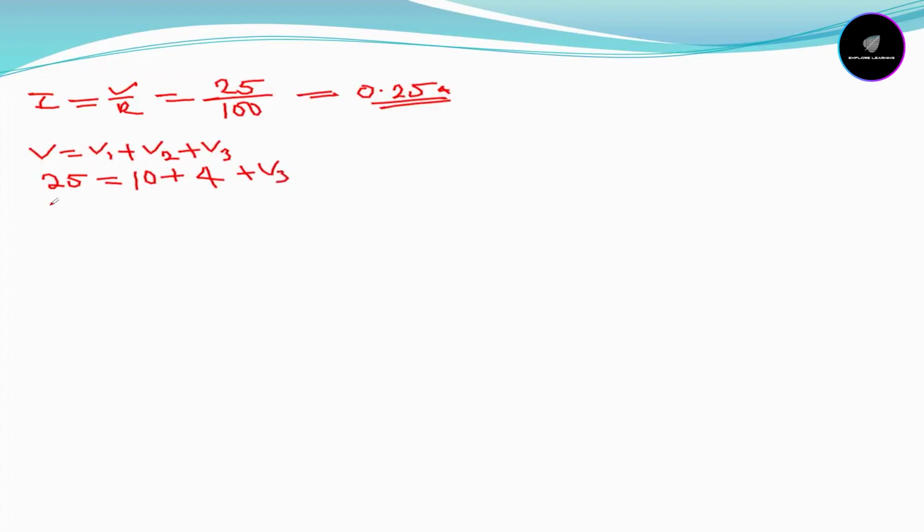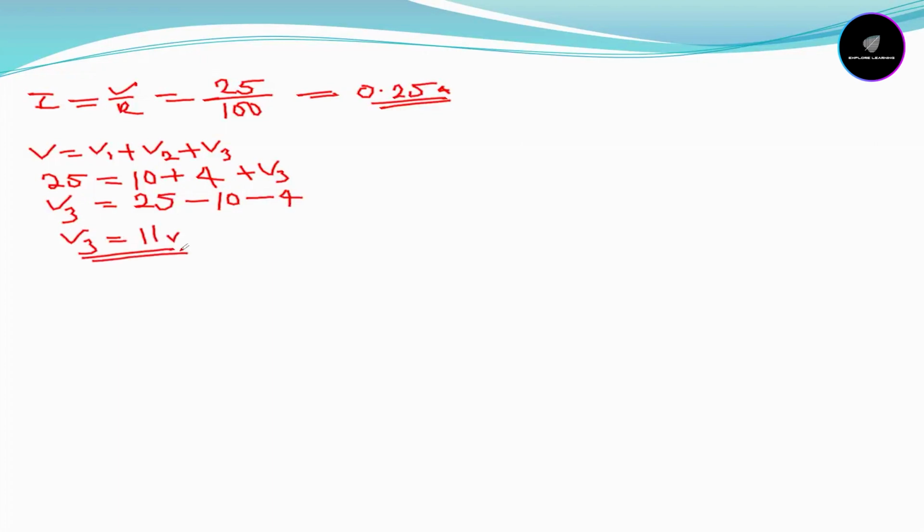So in that case, we make V3 the subject of formula. We're going to have V3 equal to 25 minus 10 minus 4. So we have 25 minus 14, and that will leave us with 11. So V3 will be equal to 11 volts.